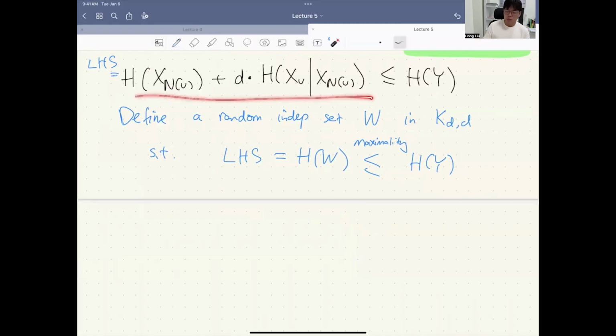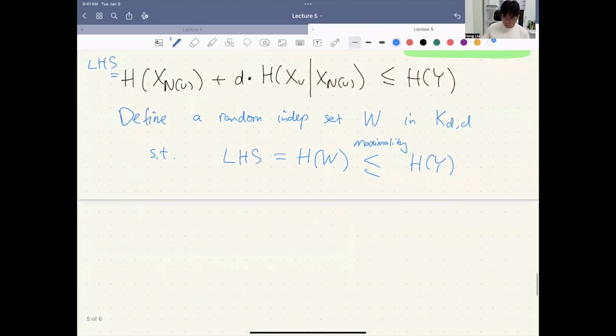All we need to do now is to define such a random independent set W with its entropy equal to this. This is simple. Let me draw a picture.